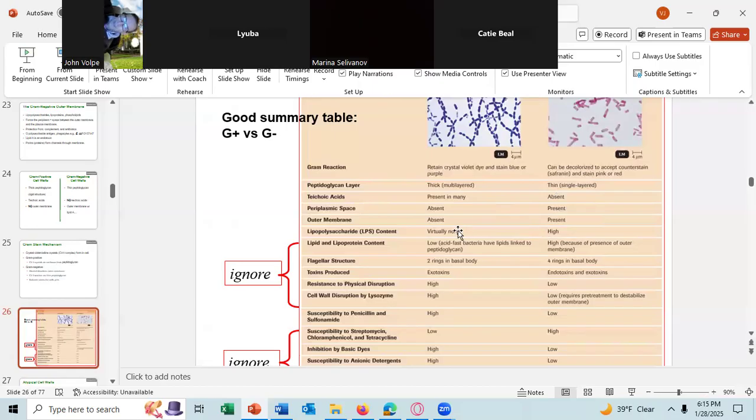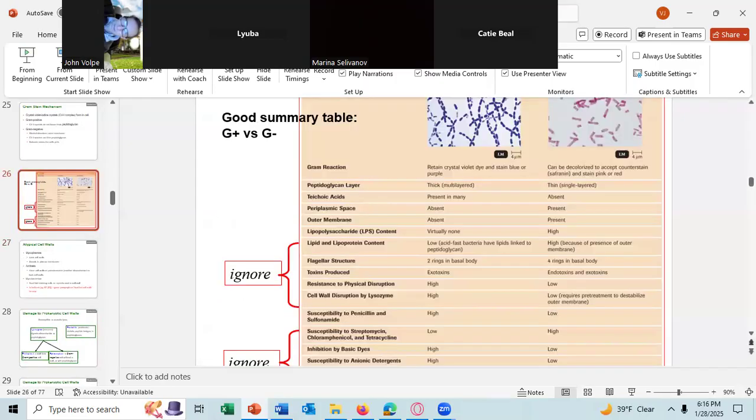The outer membrane absent in gram-positive cells, present in gram-negative cells. Lipopolysaccharide of the gram-positive cell, it's virtually none in the gram-positive cell. You have a high content of lipopolysaccharide in the gram-negative cells. All right, any question about any of that?